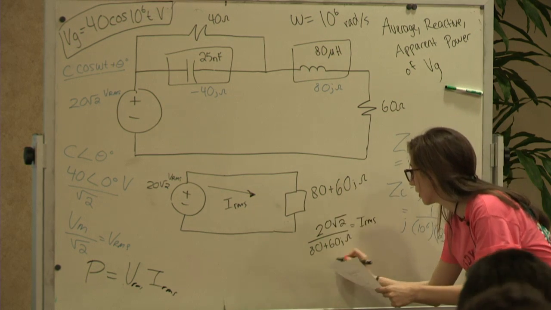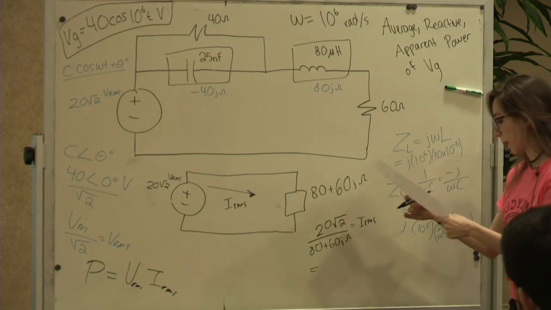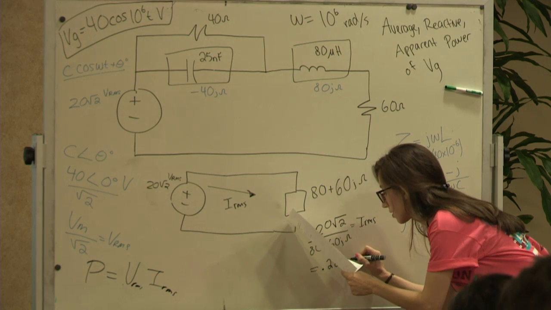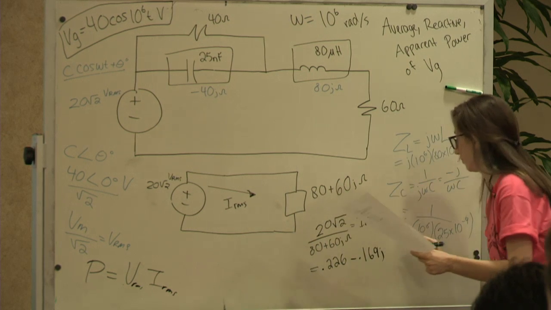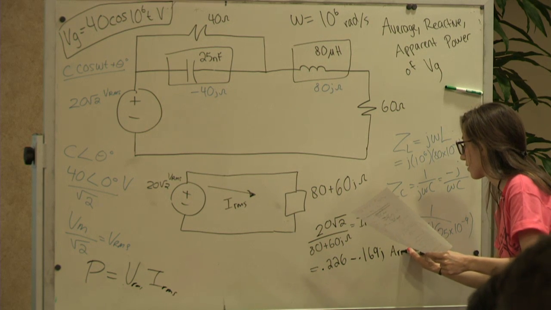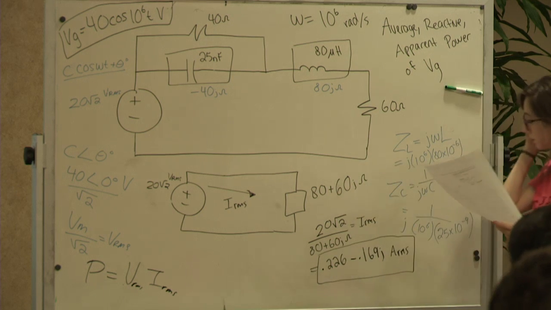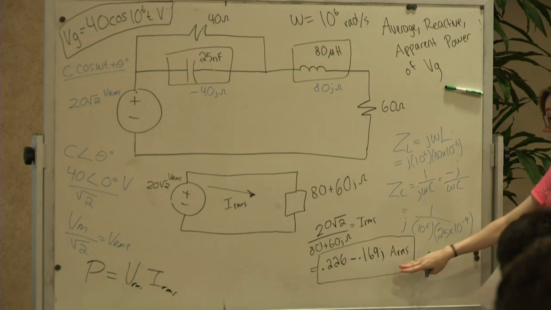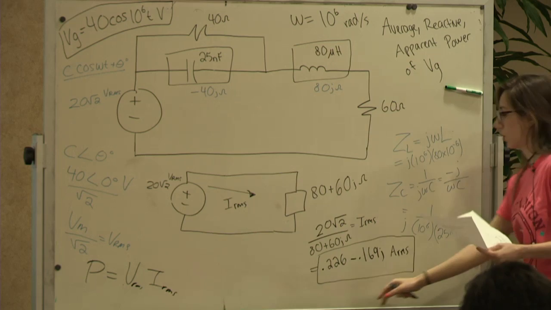And that ends up being, it's a weird number, 0.226 minus 0.169j amp RMS. So we now have the current, and we have the voltage. I'm going to erase this.